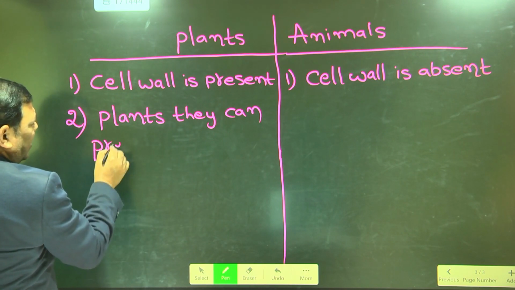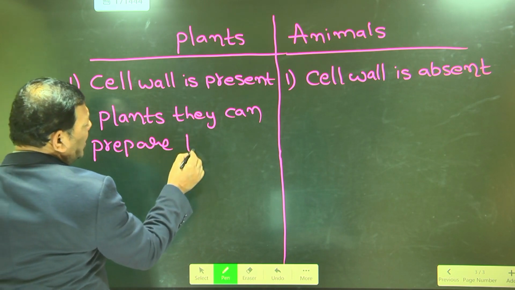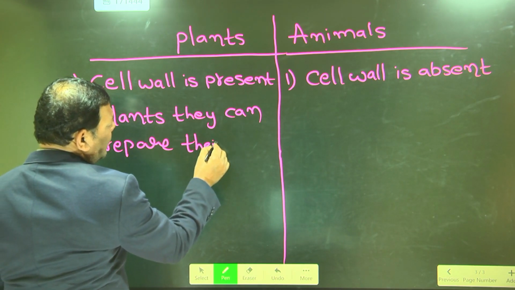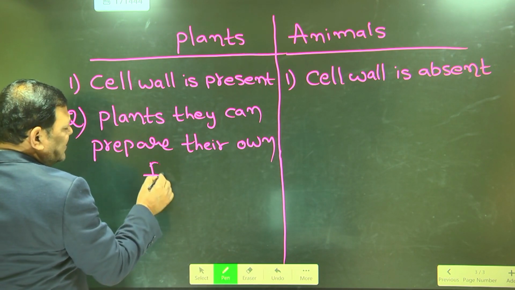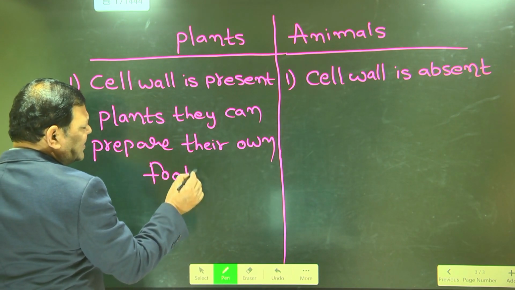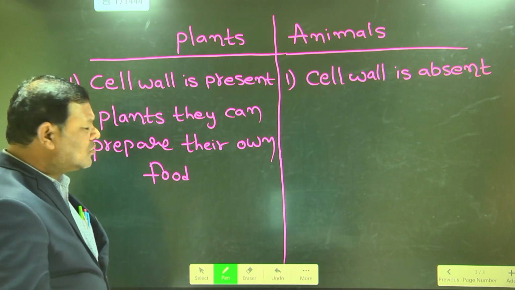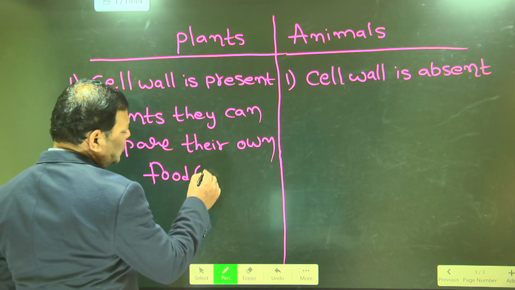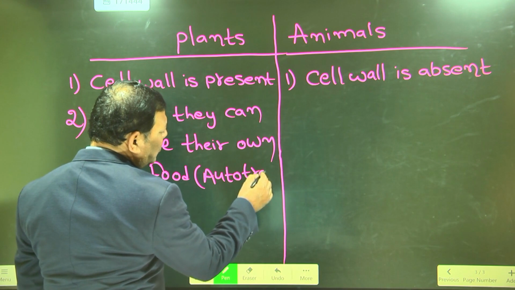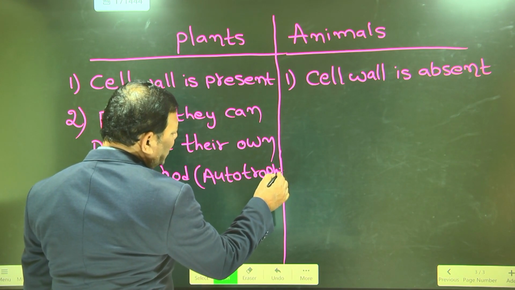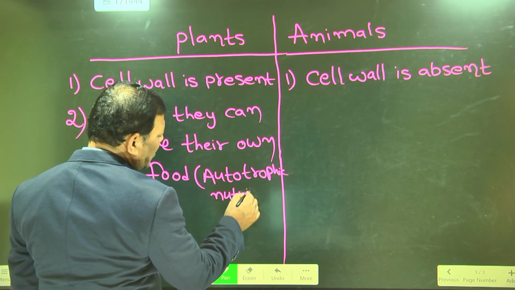All green plants show autotrophic nutrition.